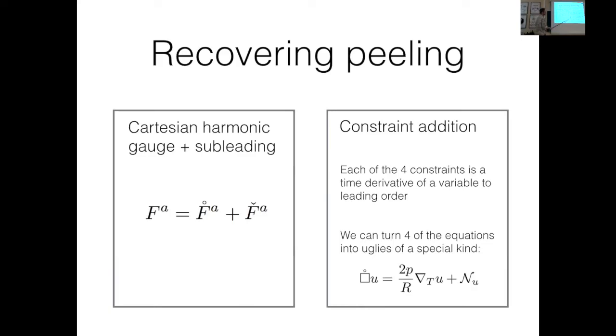And then the constraint addition, as it turns out, it pays off to generalize even more a little bit the notion of an ugly equation that we had. Basically, this equation has this natural number p here, which was usually set to 1 before.